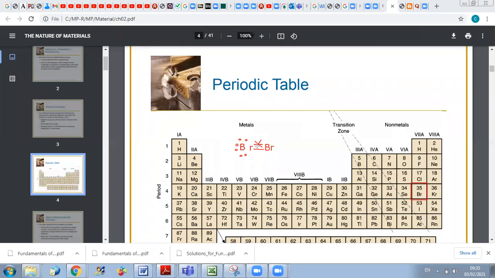You will have a double bond if you have 6 valence electrons, but if you have 7 valence electrons, you need just 1, if you want to share 1 electron, okay? So this is number 7 for each one, and it will share with the other atom Br electron number 7. So now if you count for each atom, it will be 8. It's 1, 2, 3, 4, 5, 6, 7, 8.